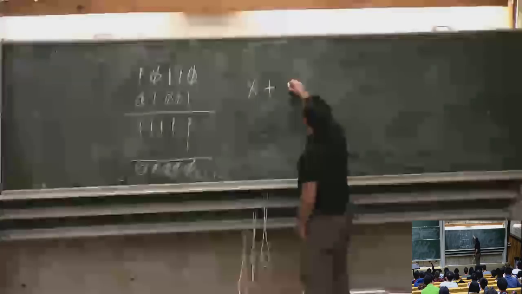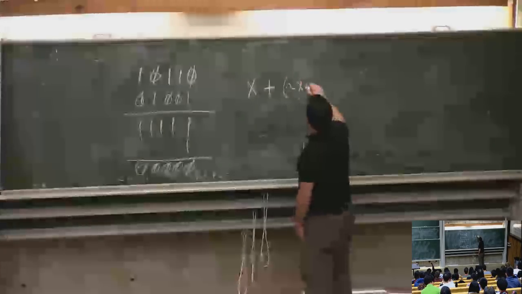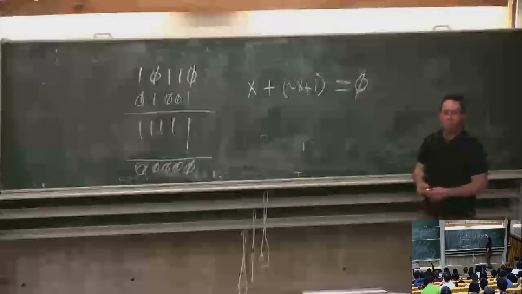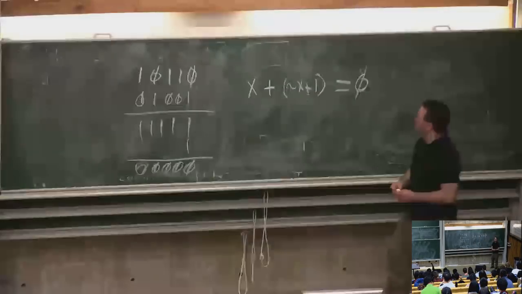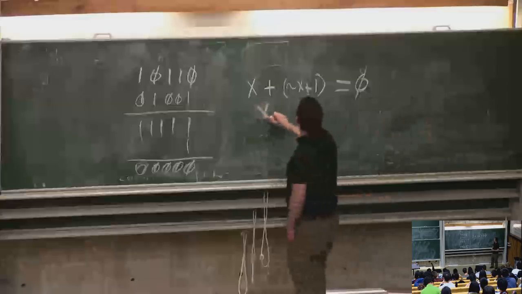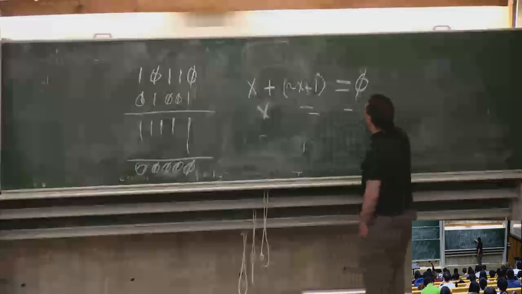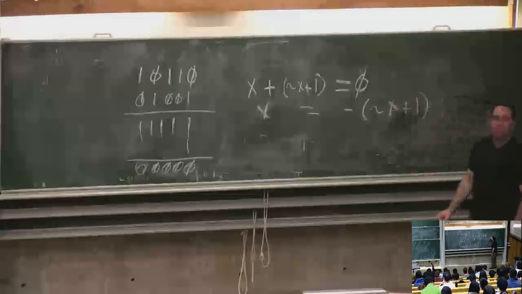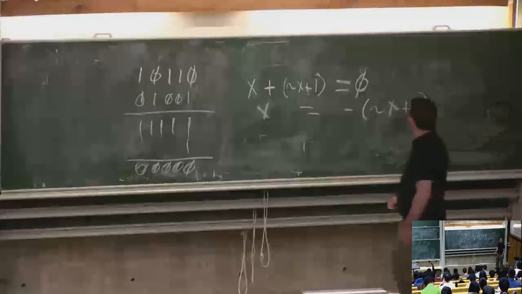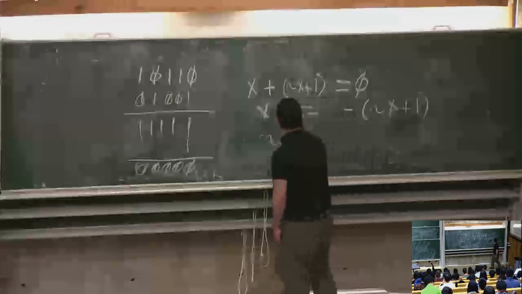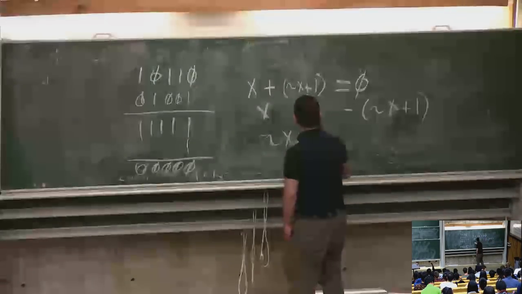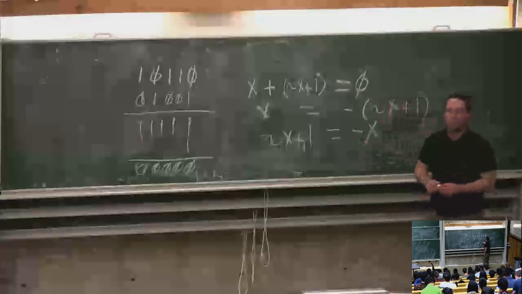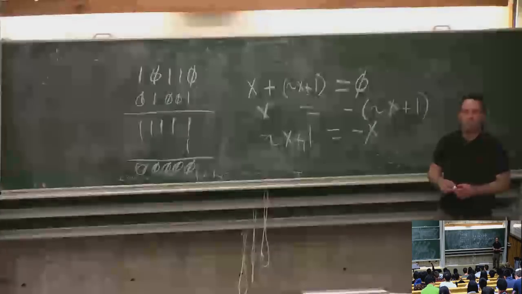So x plus the complement of x plus 1 is equal to 0. Do we all agree? Therefore, x equals negative the complement of x plus 1. Do we agree? So the complement of x plus 1 equals negative x. Do we agree?